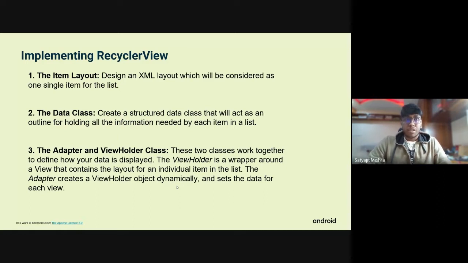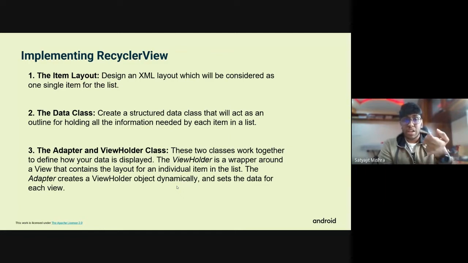Suppose we take WhatsApp for example. When you open WhatsApp, you see a list of chats, right? Each item can be called the individual layout for that chat list, and in each element we have four things, I suppose. In the data class, we have to define that we have an image that will contain the display profile.